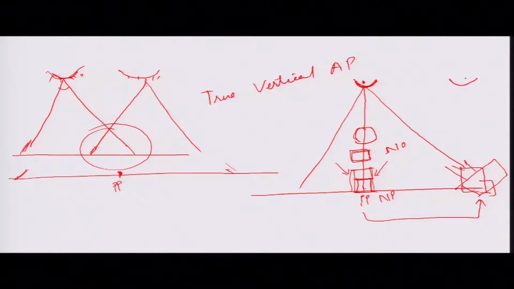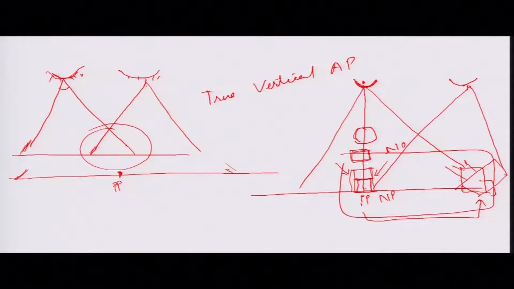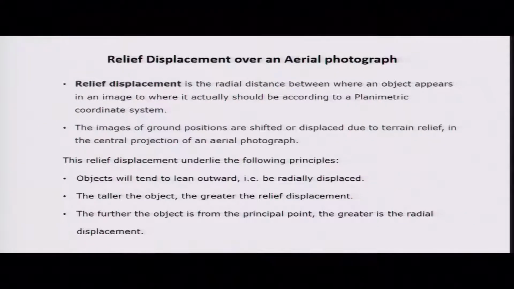If we take the same area with two different lenses, this will also give us true dimensions of the buildings and true positioning of the objects.